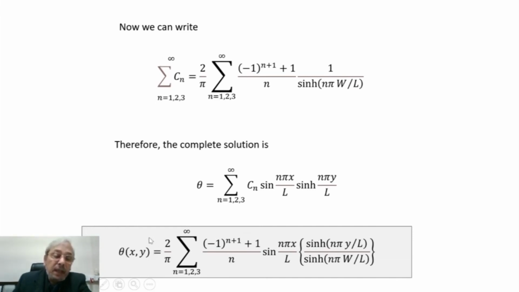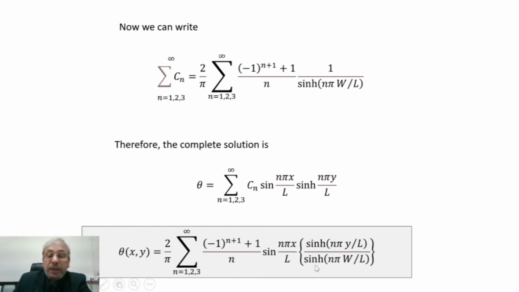Now we can write theta x y equal to 2 by pi into summation minus 1 to the power n plus 1 by n, this is the value of Cn up to this, then sine n pi x by L and sine hyperbolic n pi y by L, and we had in the denominator sine hyperbolic n pi w by L.